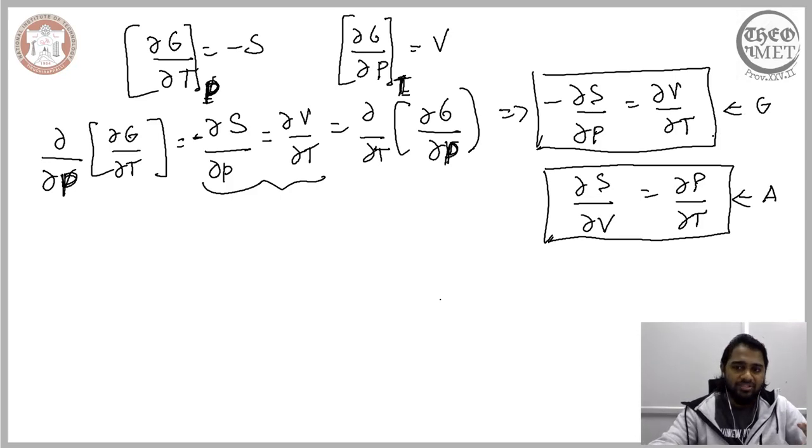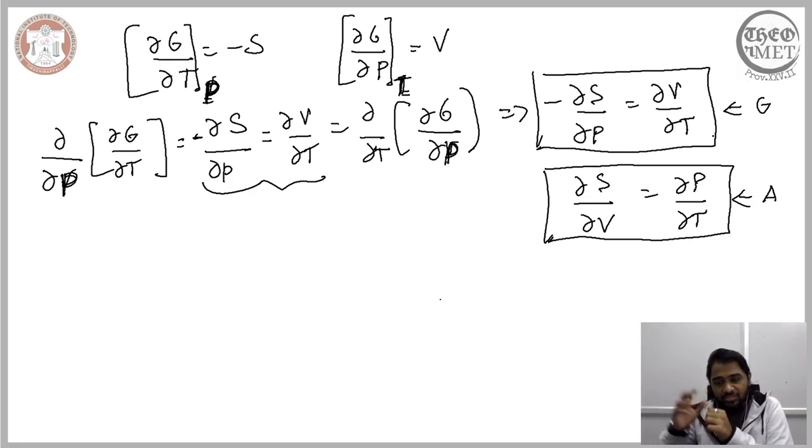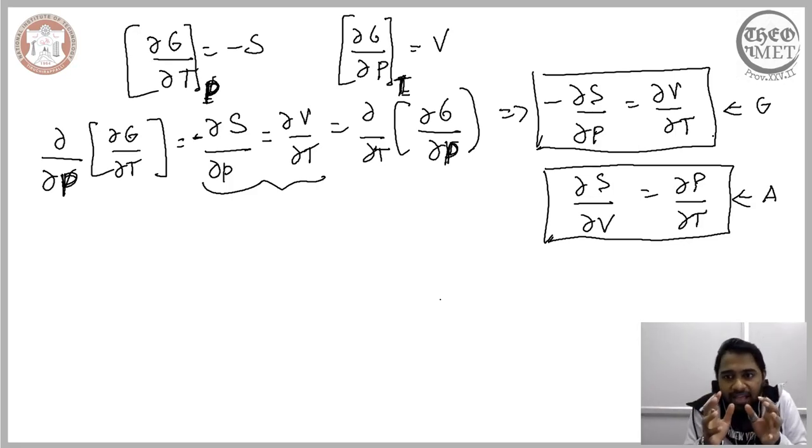So what we have essentially done is using the numerical treatment associated with the Maxwell's relation, we have arrived at two equations that relate change in the entropy to the most easily measurable variables. These easily measurable variables are volume, temperature and pressure.